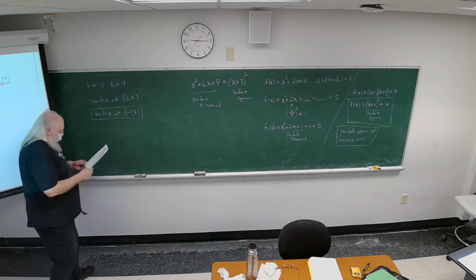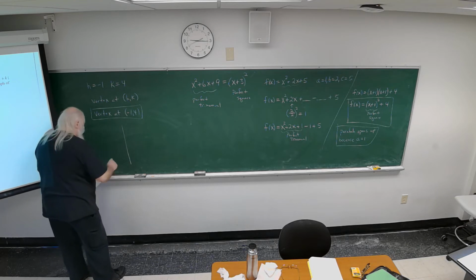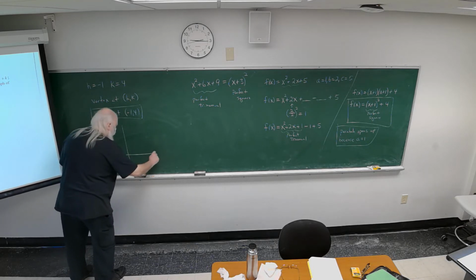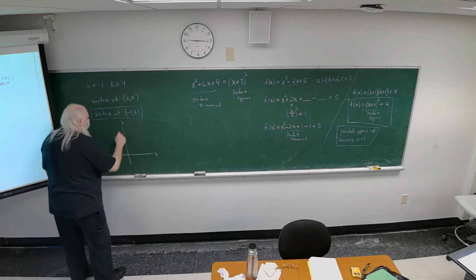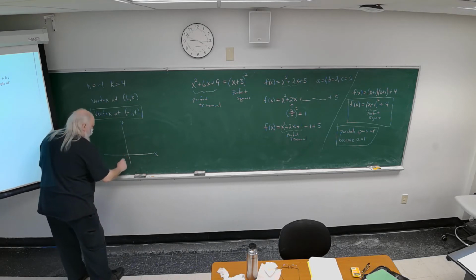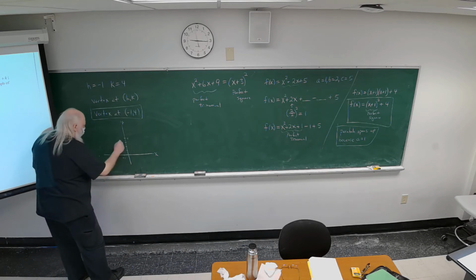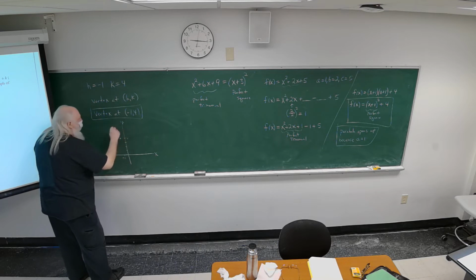So here's a crude sketch of the parabola. And it's very crude. So here's minus 1 on the x-axis. There's 1, 2, 3, 4 on the y-axis. So here's where the vertex is, and it opens up.